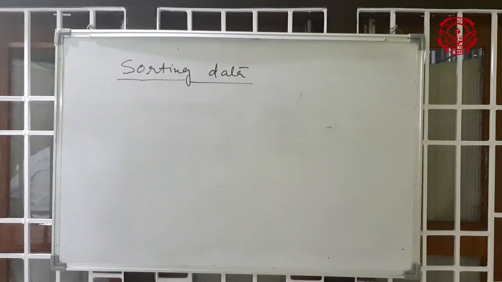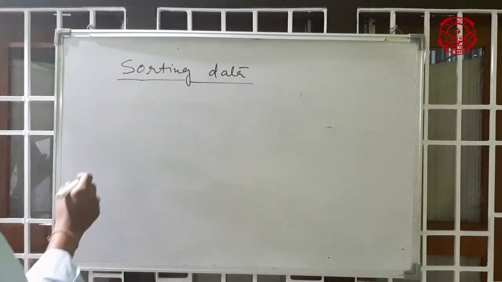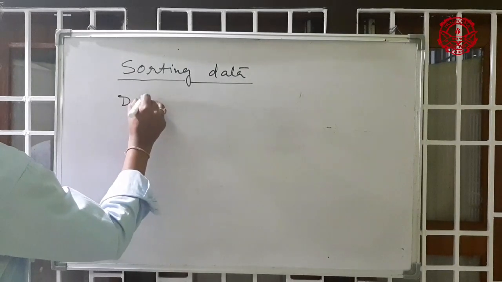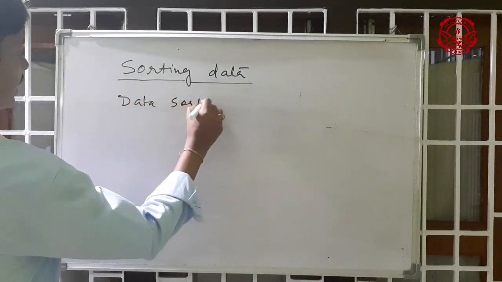Now you can see in a book, I write these things. Data sorting means what?